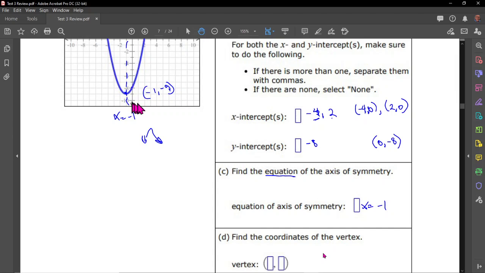Also, just to help with a future one, even though this one doesn't ask, if they wanted the range, the lowest y value is right here at -9, so the range is, well, one way to write it is y greater than or equal to -9, which we write as -9 to infinity, bracket, because -9 is included, to infinity. Okay. But for this, we just put -1, -9 here. And they've got the parentheses already for us, so we just put those in those boxes.